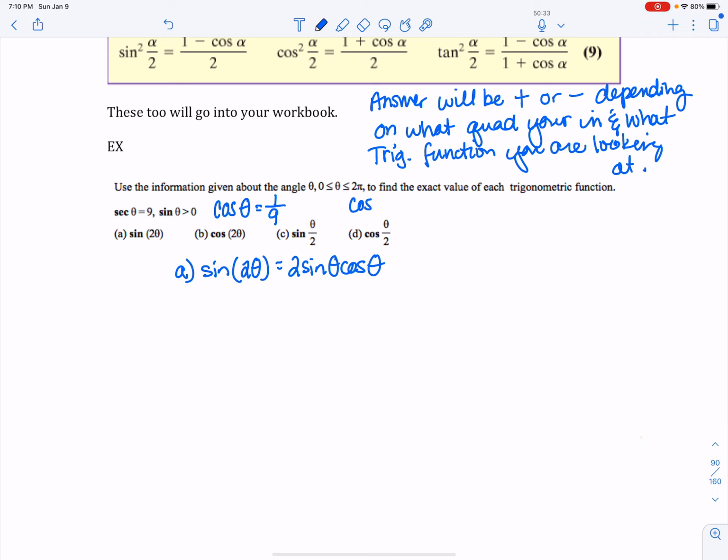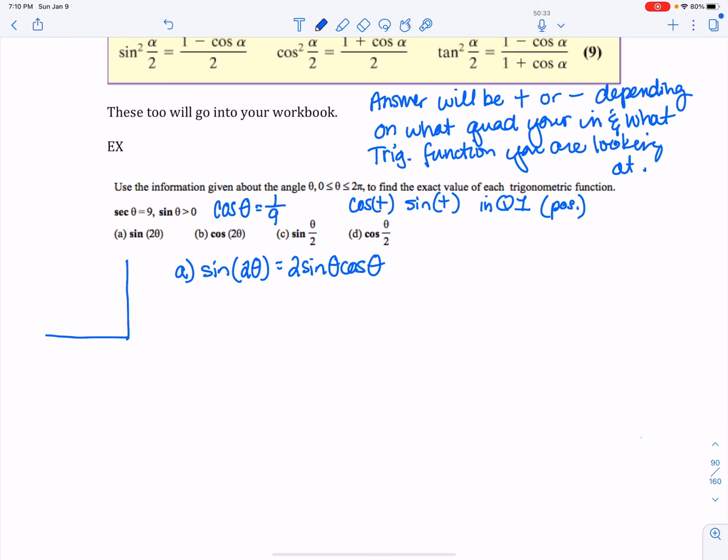So if cosine is positive, because it's a positive 1/9, and sine is also positive, the only place that happens is in quad 1. Okay, so all my values are going to be positive. So when I use the half angle formulas, I'm going to write a positive square root. Okay, but we're not there yet. So let's look at A.